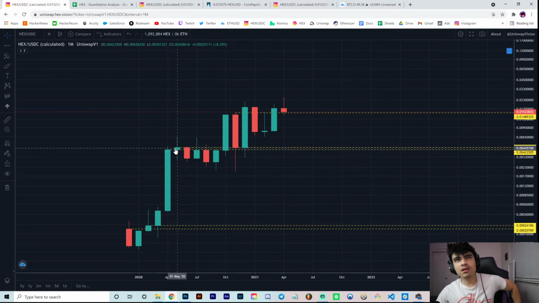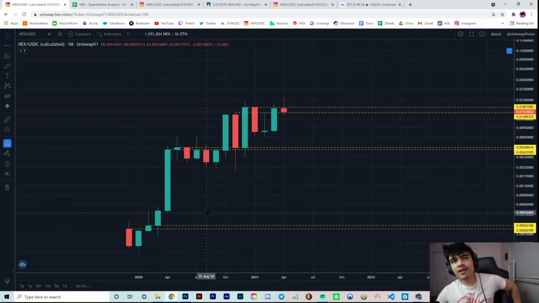Once candles start actually breaking these all-time high bodies, then it's off to the races and we enter a new paradigm, new regime, whatever you want to call it. And again, I see something similar happening here where our previous all-time high candles, I guess you could say, were actually over here in this region or so. So we've never really consolidated within for too long.